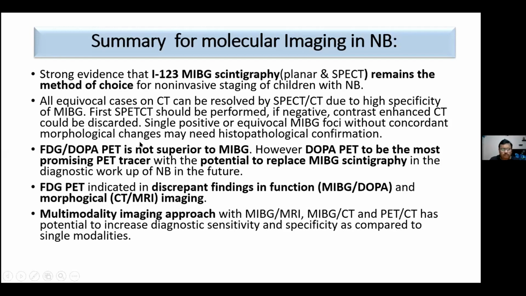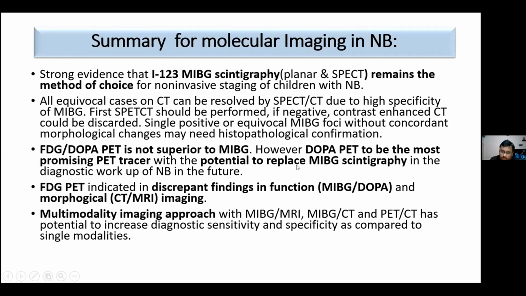Now, a few other tracers are also there in this arena. F-DOPA PET CT is not superior to MIBG. However, DOPA PET is actually the most promising tracer with the potential to replace MIBG scintigraphy in the diagnostic workup of neuroblastoma in the future. This was a few years back. Now there's another thing which has come, which is the DOTA-TATE or DOTA-TOC PET CT.